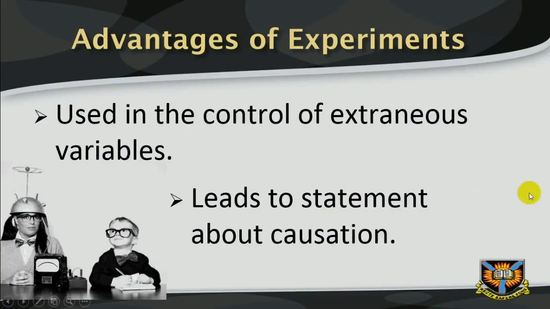Advantages of experiments. The main advantage of experiments is better control of extraneous variations. In the ideal experiment, no factors (variables) except the one being studied are permitted to influence the outcome.